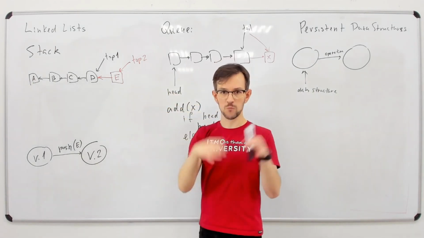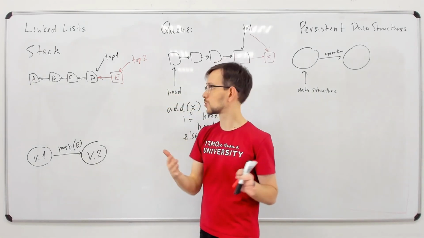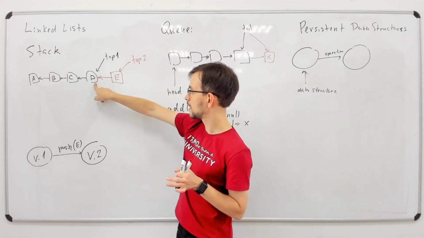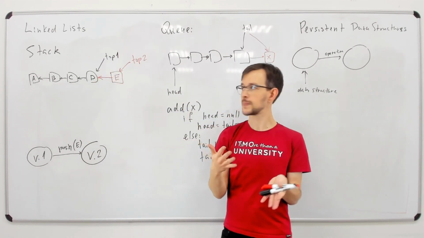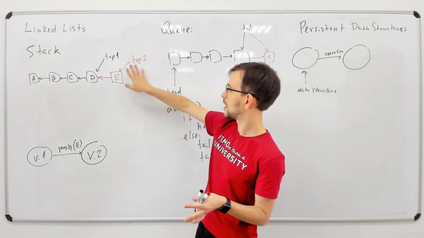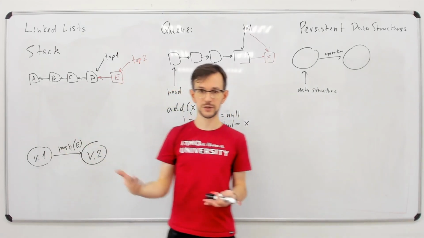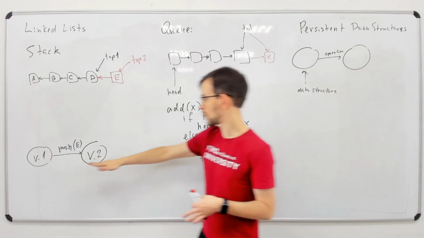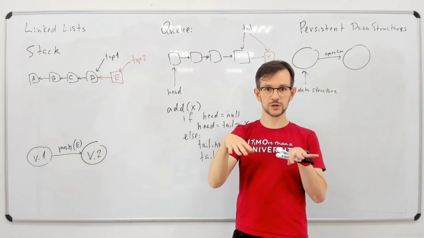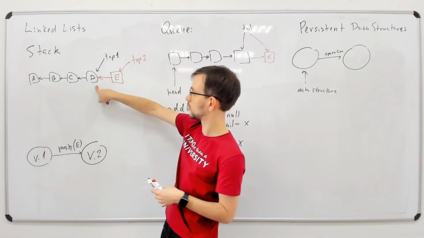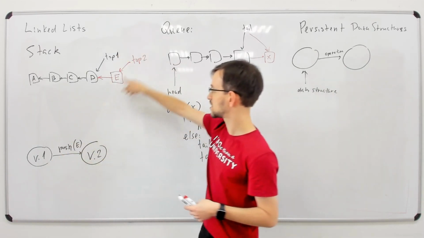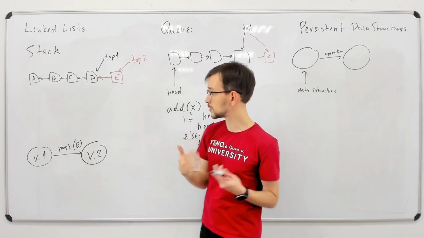Now on this picture we have both versions of the stack at the same time. If we start from element D, you get the stack before we pushed E. If you start from here, you have the stack after we added element E. So this stack can be accessed by top 1, and this stack by top 2. That's all.